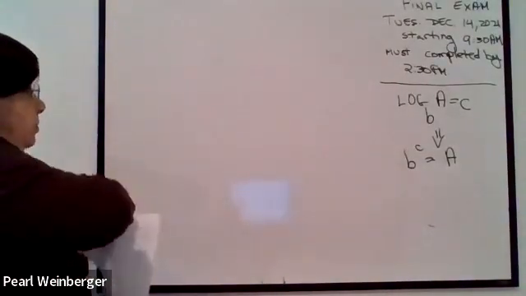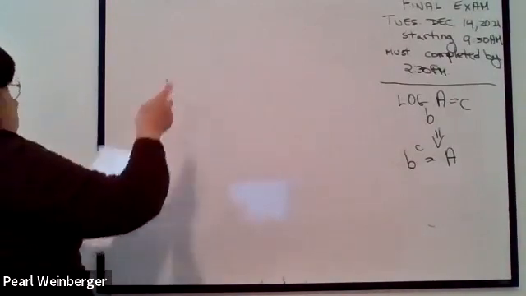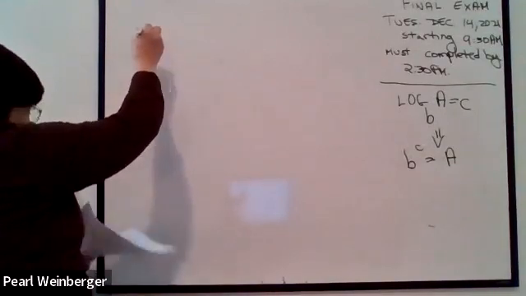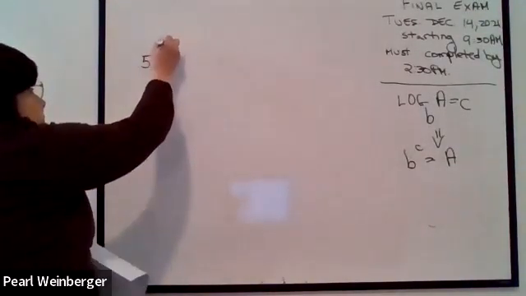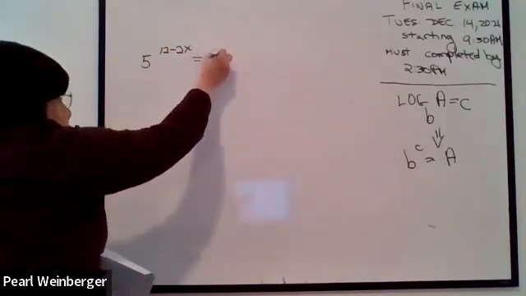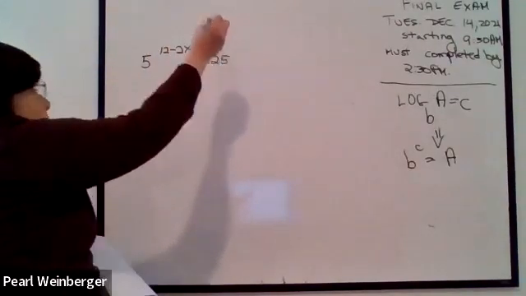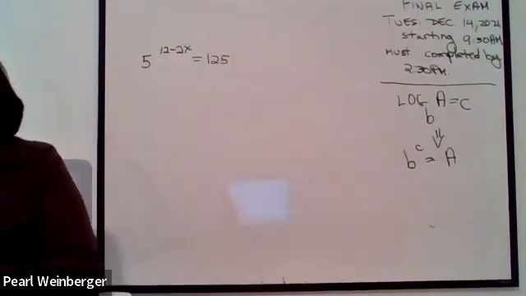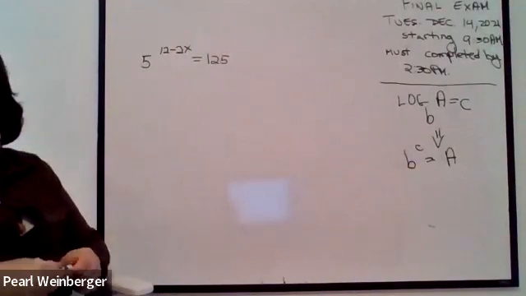What if I gave you this? 5 to the 12 minus 2x equals 125. This is an exponential equation. See if you can solve it.